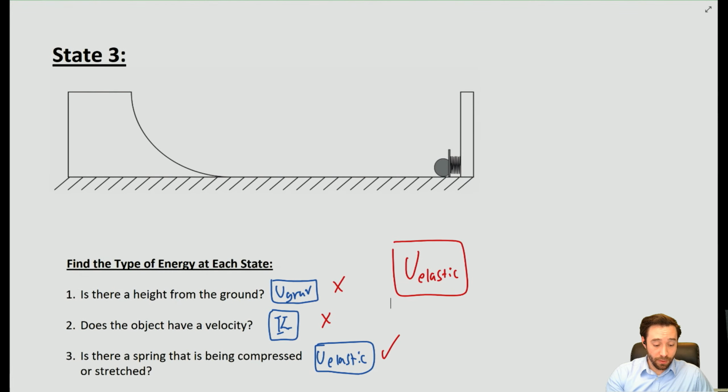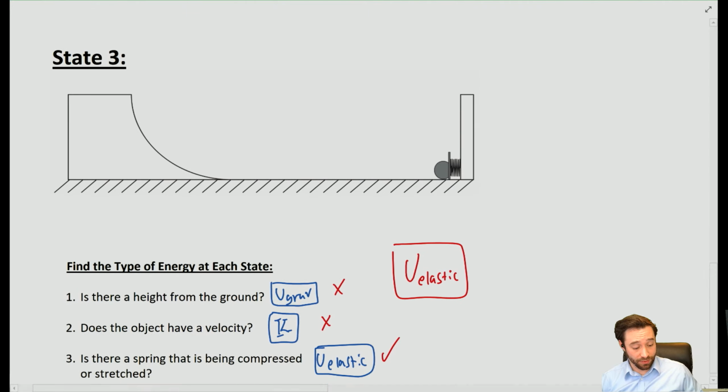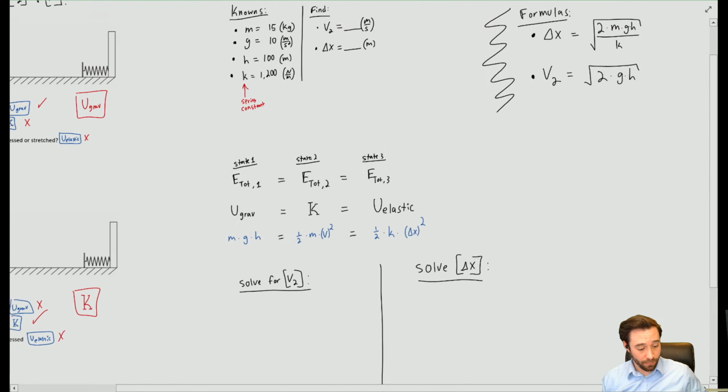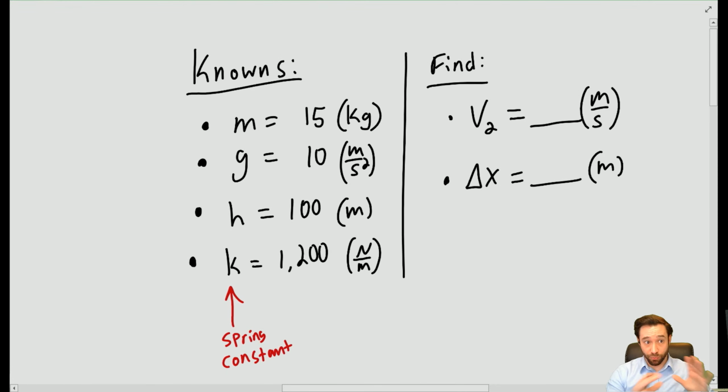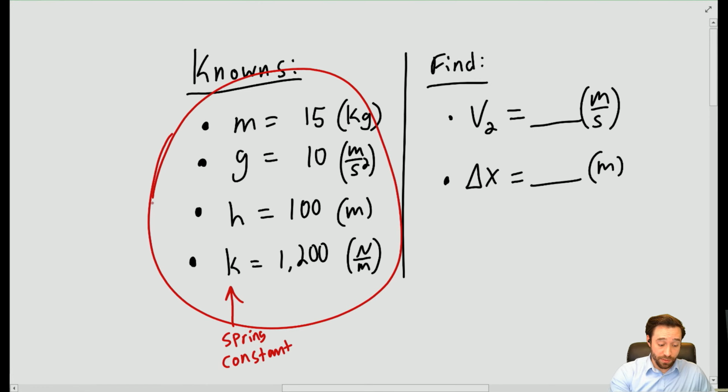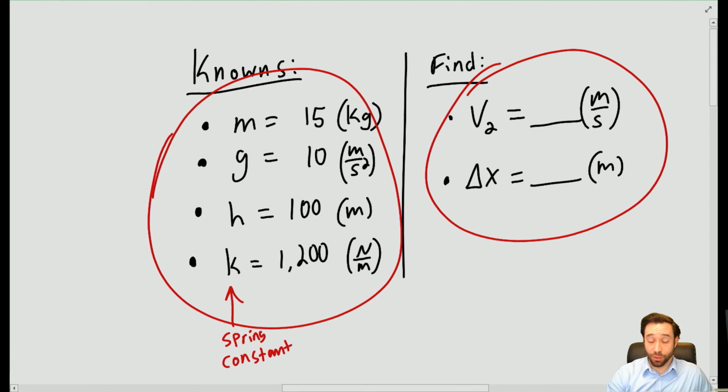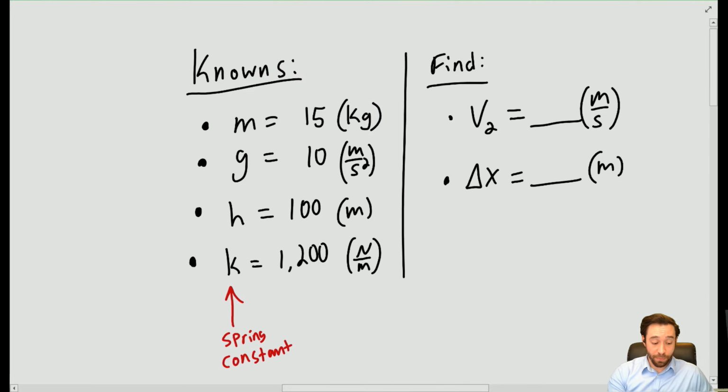Now, when I give you guys the problem like this on the assessment, this is what it's going to look like. Or I'm not going to have it written out like this, but in the problem, I will give you some knowns, and you're going to have to write down what you need to find. So this is the part where I start assessing how you guys can solve problems in physics. So I'm going to give you a word problem.